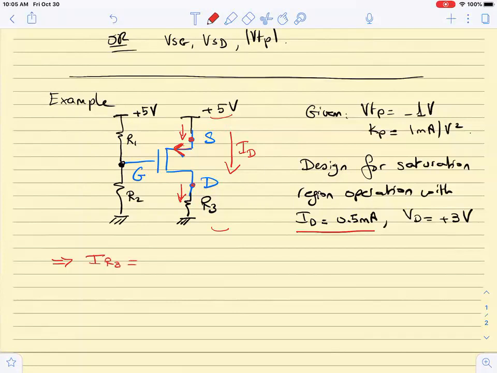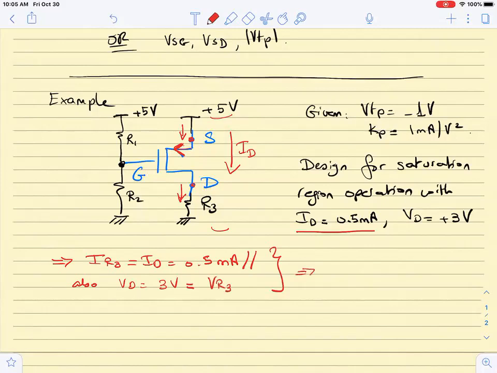What is the current that is flowing in resistor R3? 0.5 milliamps. Exactly, so it is equal to ID is equal to 0.5 milliamps. Great. Now I also know that VD is equal to 3 volts. From these two quantities, this is equal to also VR3.